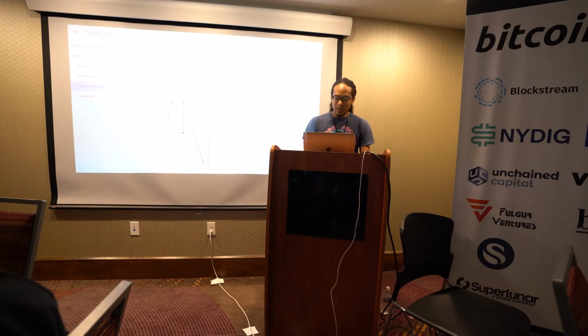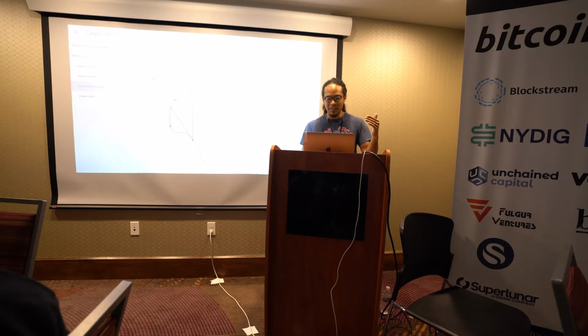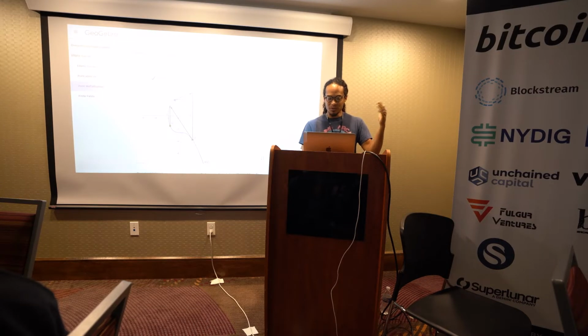I'll show you what the path would look like. We start at this G0, which let's call the generator point. We could hop over here and then down here. So this would be G times 2, or 2G. And then we could hop over here and down again, and this would be G times 3.